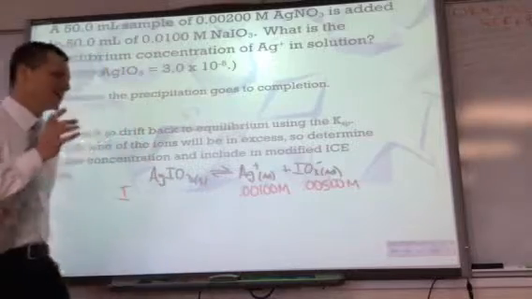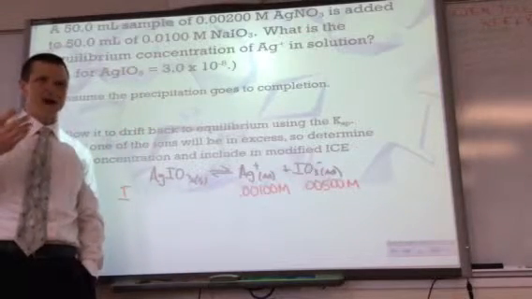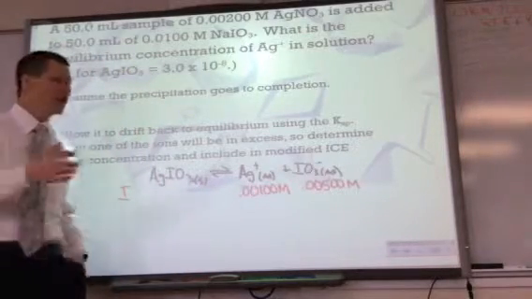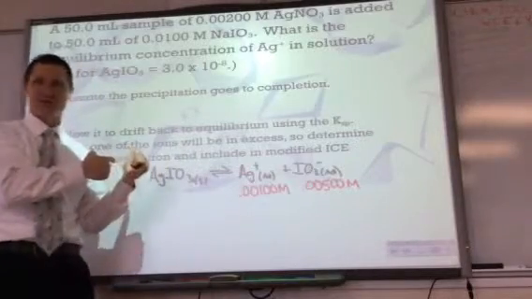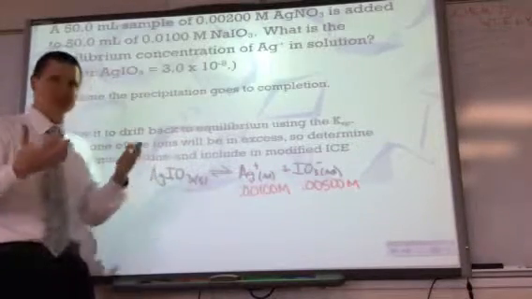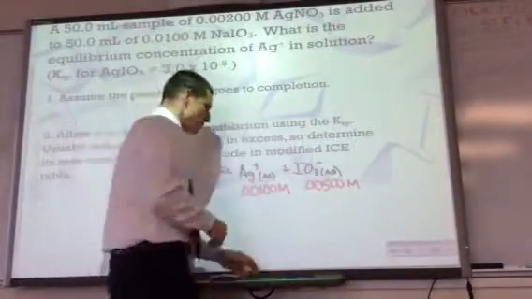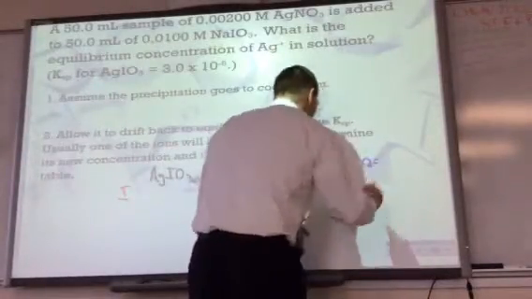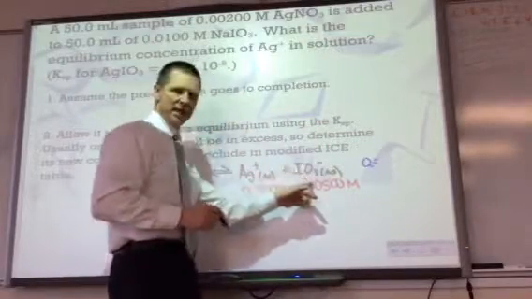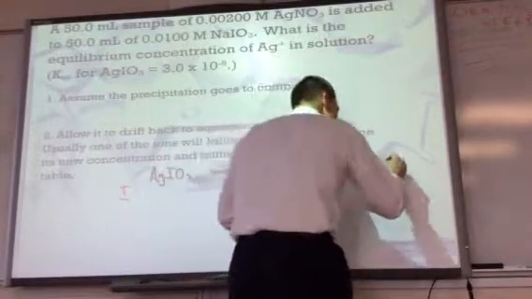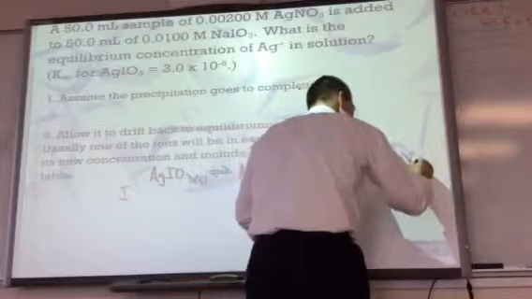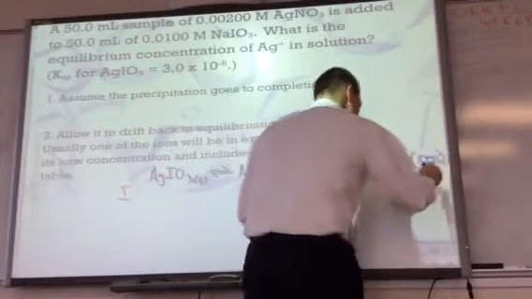Now, the next thing that we have to do, and it's probably not appropriate to assume this, we can't just assume that the reaction is going to shift left and make precipitate. We need to check the Q value on these concentrations. So the Q value would be silver ion concentration times iodate, which would be 0.001 times 0.005.